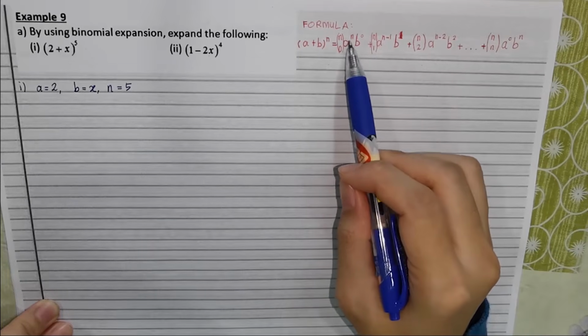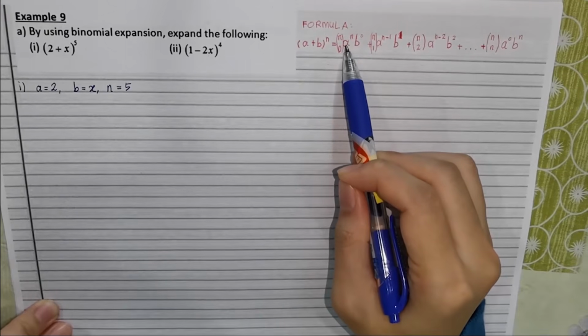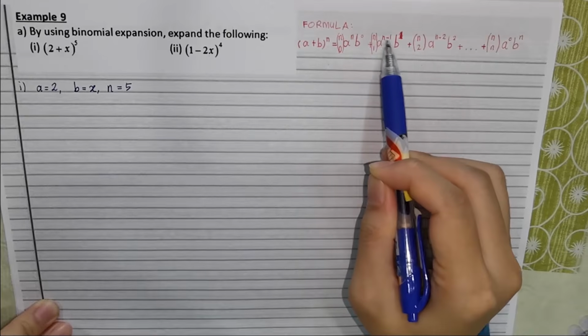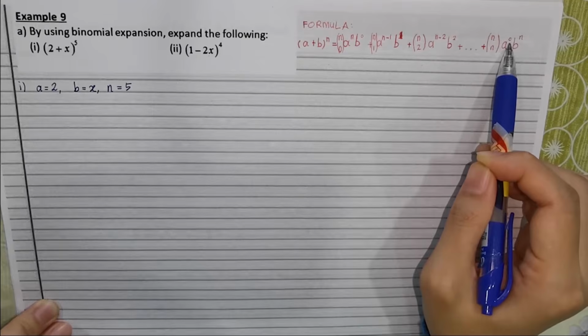The second pattern we can see from the formula: the exponent of a starts from n and decreases until the last term, where the exponent will be 0.